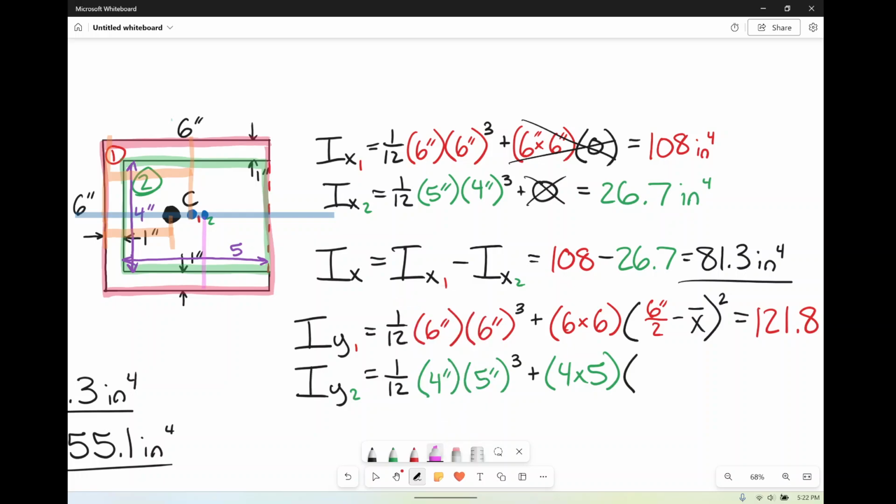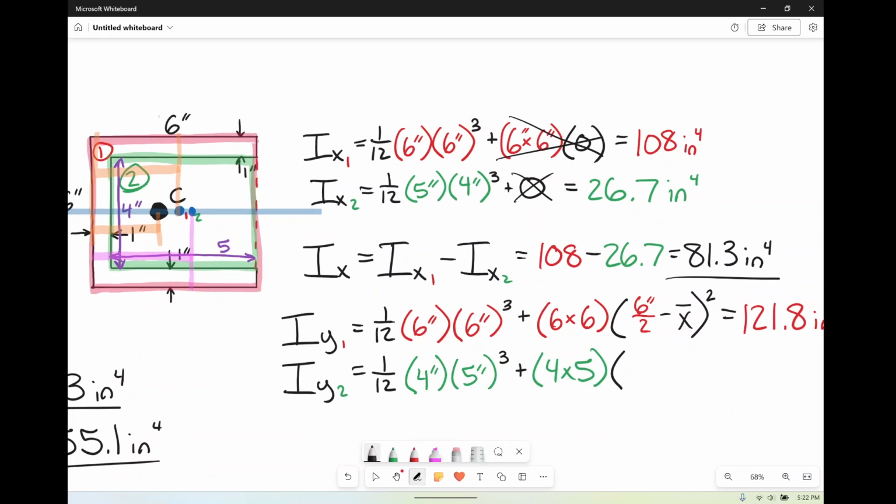I'm going to take the full distance there to its center, and then minus x bar. Or we could kind of go the other way, however works. So the full distance to that one is going to be what? It's 1 inch plus 5 divided by 2, and then minus x bar.